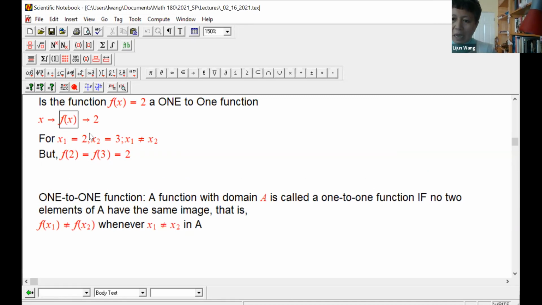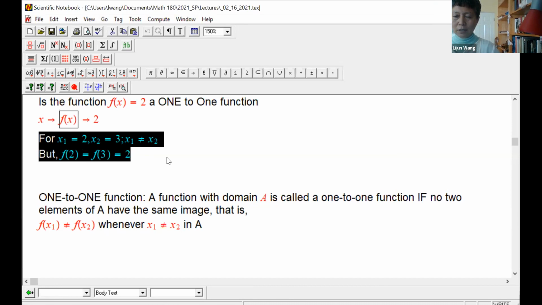This is how to give counterexamples in mathematics. What does this counter? This counters the definition.